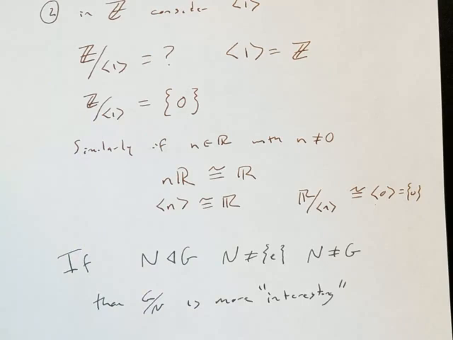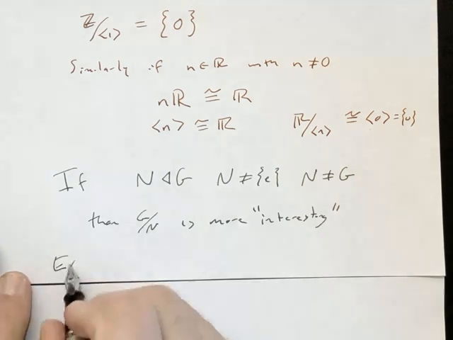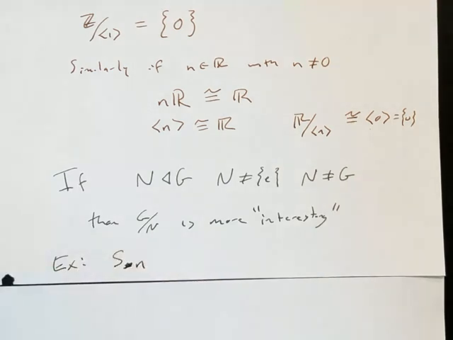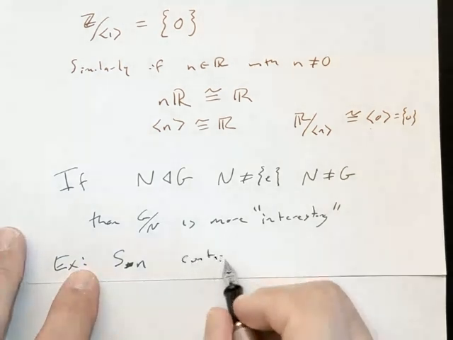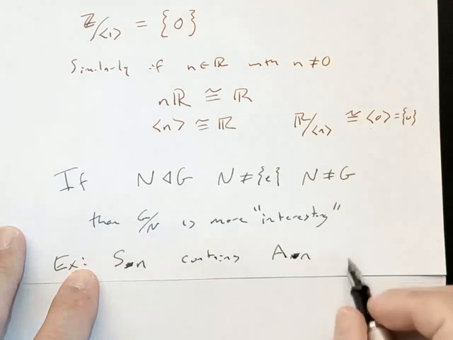But what sort of interesting things happen? Well, that depends on N. So let's consider something in the middle in a group that isn't abelian. The group of permutations on N things has a normal subgroup.